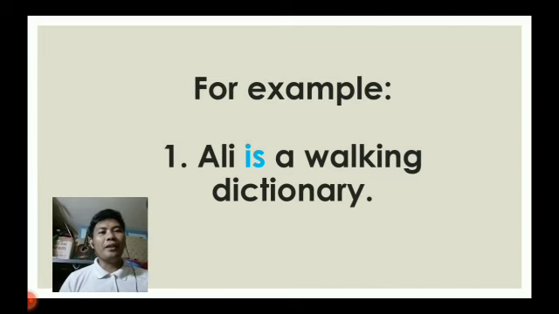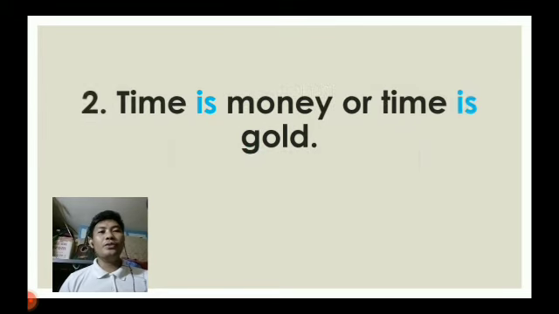Now we have our examples here. Number one, Ali is a walking dictionary. Number two, time is money, or time is gold. Not necessarily that time is money, but it simply says that time is very important.